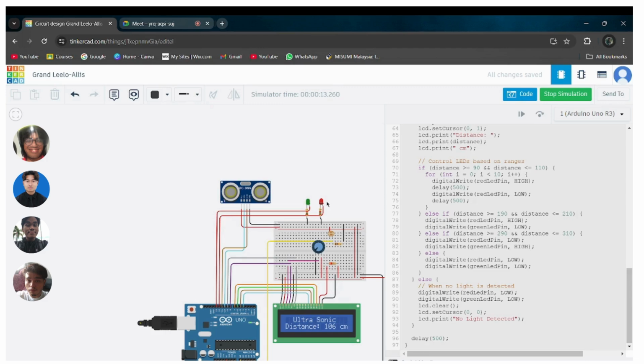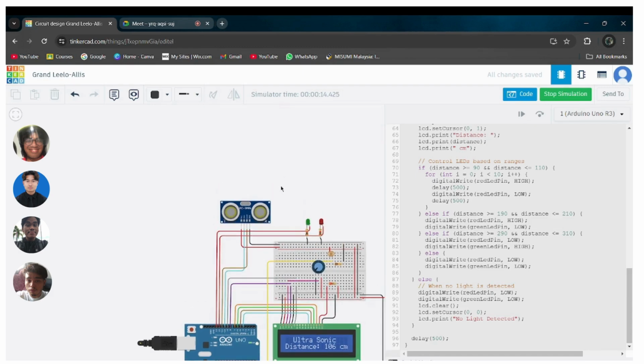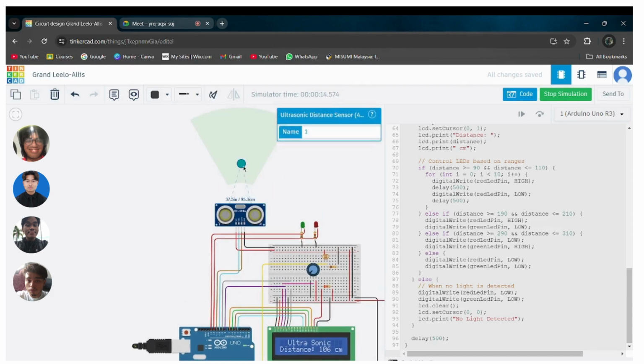Second, if the distance is between 190 until 210 cm, the red LED is on and the green LED is off. Third, if the distance is between 290 until 310 cm, the green LED is on and the red LED is off. And lastly, if the distance is outside this range, both LEDs are off.